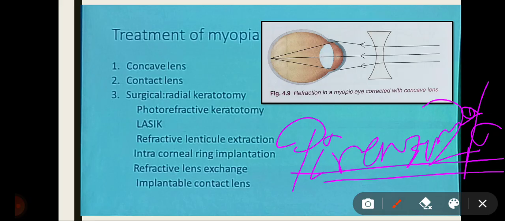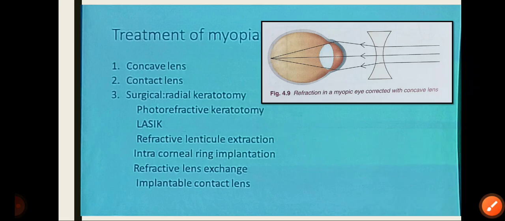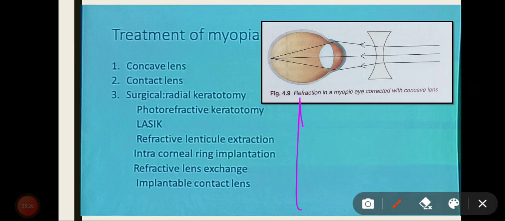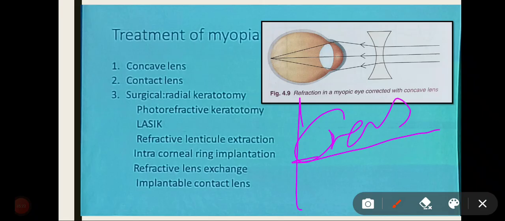General measures taken empirically to affect the progress of myopia include visual hygiene. Visual hygiene is very important to avoid asthenopic symptoms.